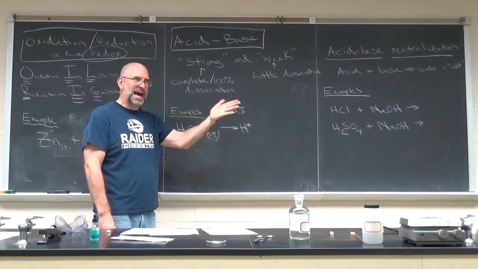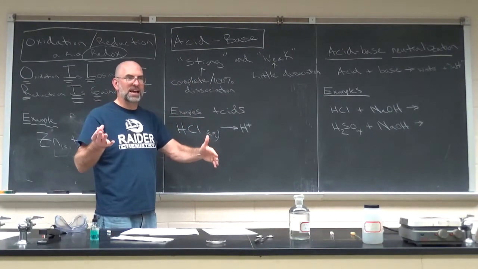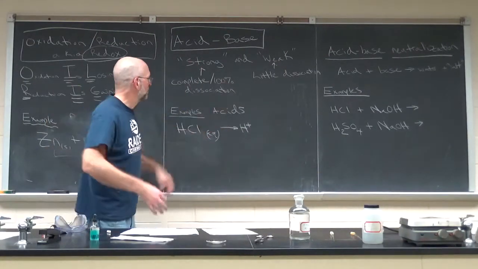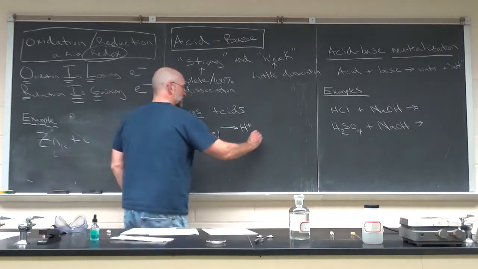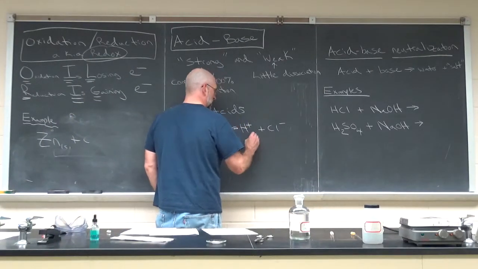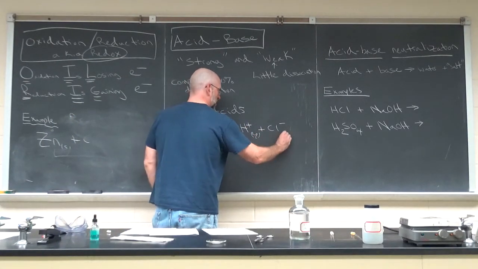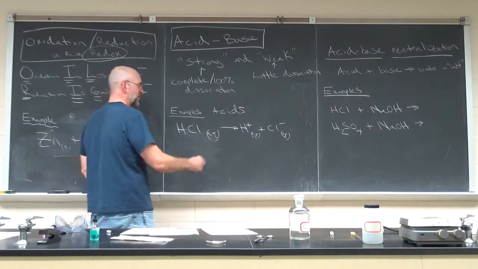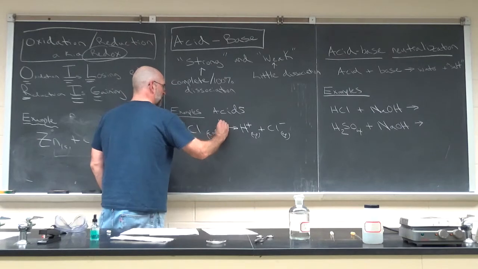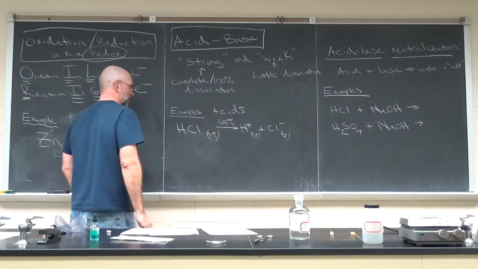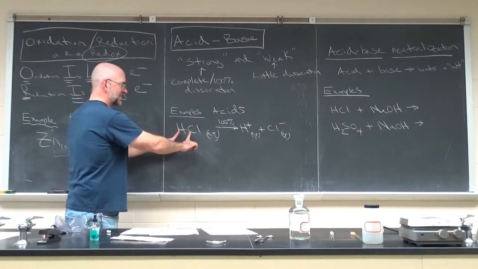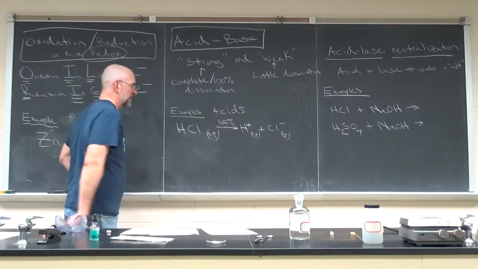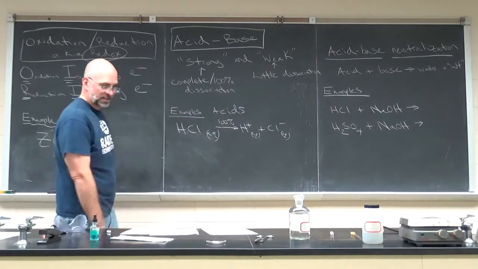H plus, acid; OH minus, base. Acid-base neutralization: H plus and OH minus make water. That's called dissociation. I think we've talked about that a lot this semester. But that basically happens 100%, so nothing remains as a neutral molecule, HCl. It all dissociates into H plus and Cl minus.